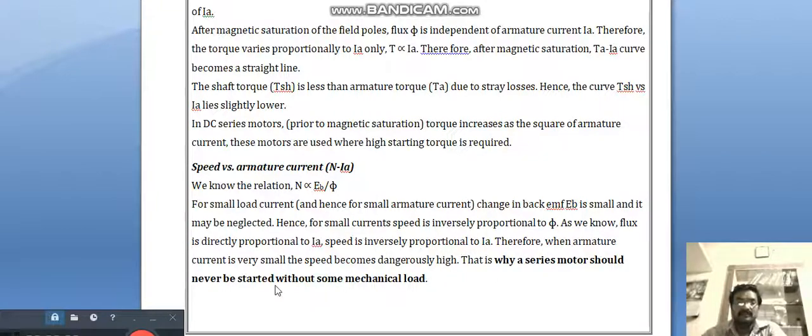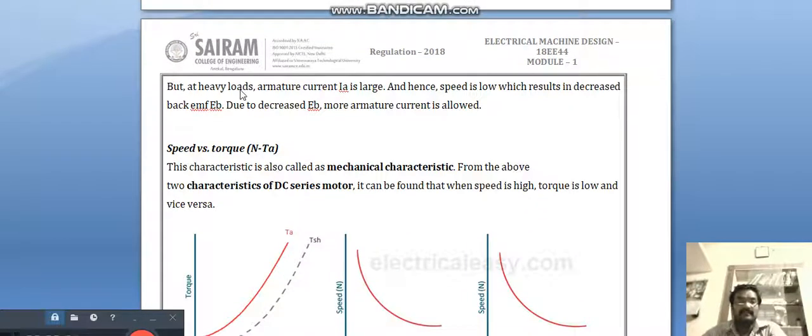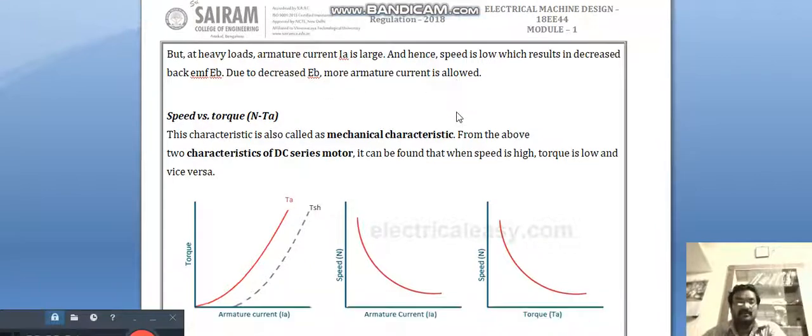Therefore, when armature current is very small, the speed becomes dangerously high. That's why a series motor should never be started without some mechanical load. But at heavy loads, armature current Ia is large and hence speed is low, which results in decreased back EMF Eb. Due to decreased Eb, more armature current is allowed.